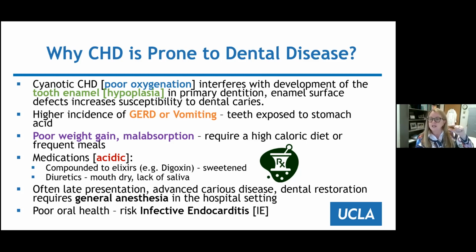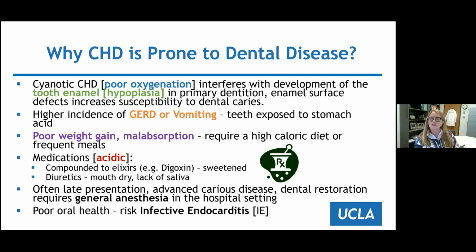Because they're going to take a smaller volume, it really needs to be packed with as many calories as we can. And oftentimes, instead of eating 3 meals a day, they have to eat frequent meals, which we know is not good for the teeth at that point.